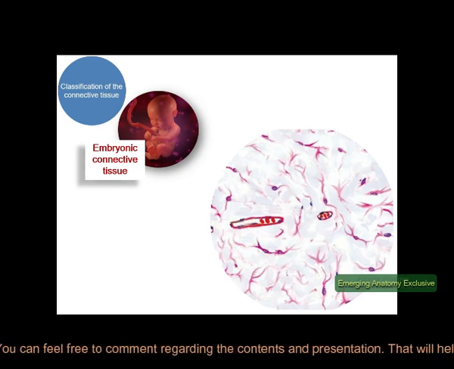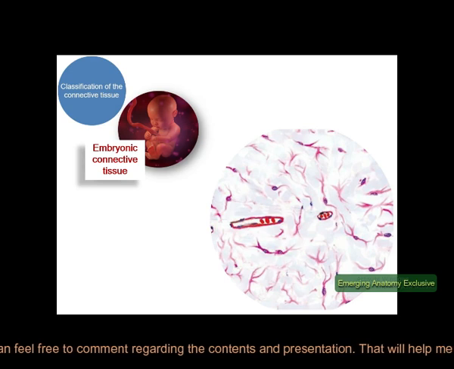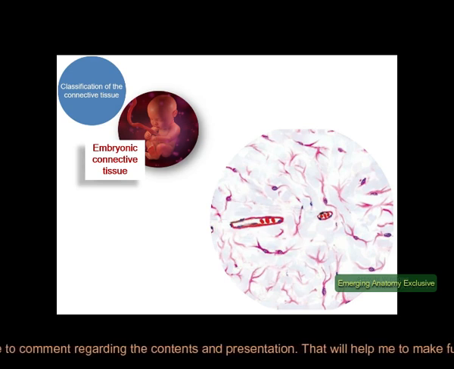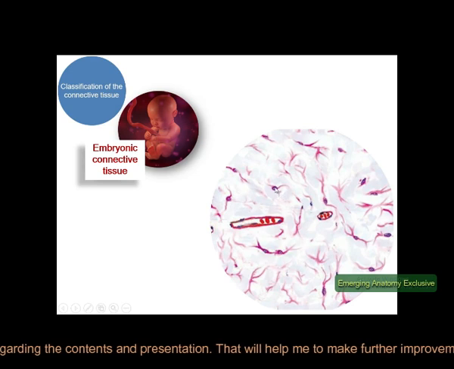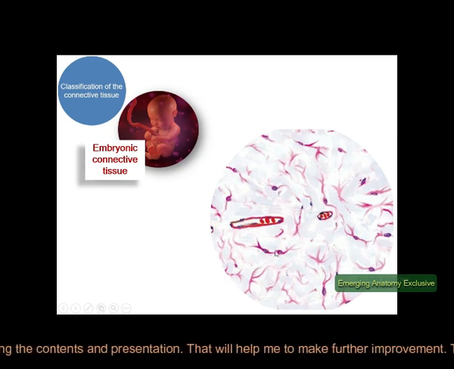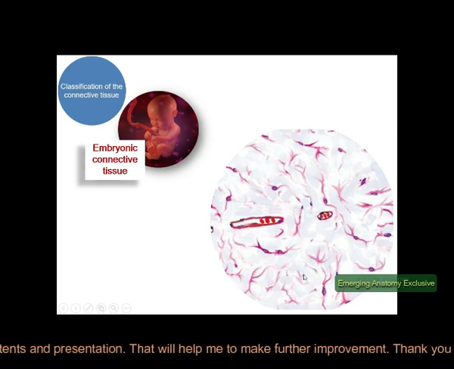But semifluid resembles mesenchyme and jelly-like ground substance resembles mucous connective tissue. The fibroblasts are numerous and fine collagen fibers are found between them. Here are the fibroblasts, these are the fibroblasts, and fibers are present in between them.